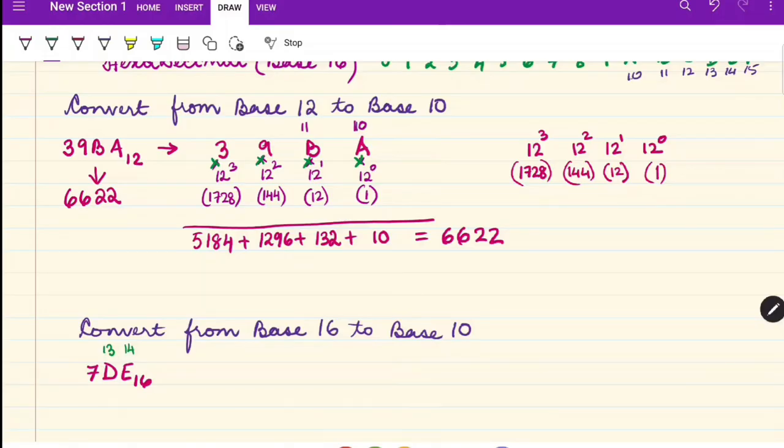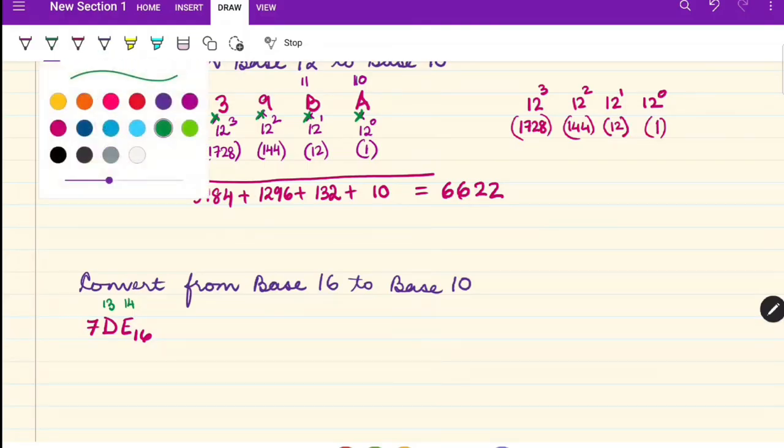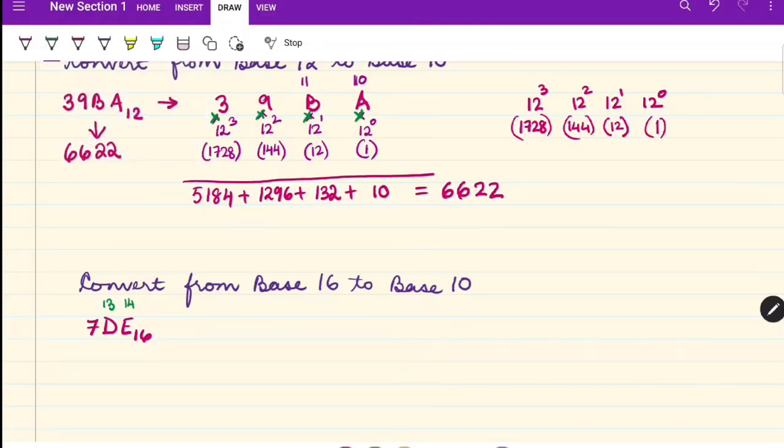All right. Also, we have to know the positional values, which will be based off 16. The rightmost digit would be 16 to the power 0, which is a 1. Then 16 raised to the power 1, which is 16.